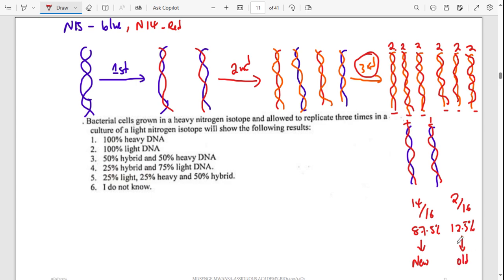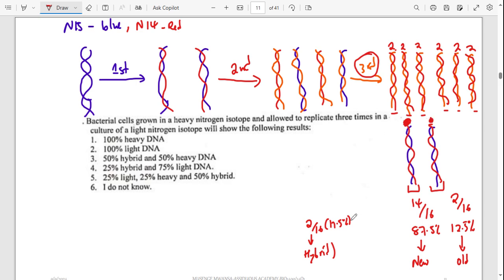But then again, remember, of these, can you see that 2 strands, this one and this one, they're hybrids? You get that, right? So we have got 2 out of 16, which are hybrid, and remember, 2 out of 16 is 12.5%. These guys are hybrid. And then, sorry, not out of 16, because I'm counting this as 1 and this one as 1.